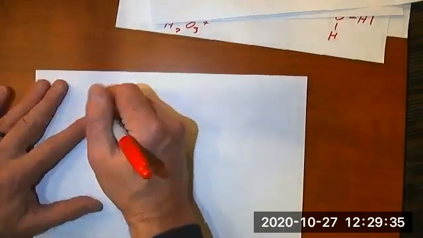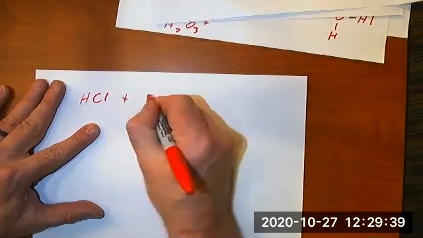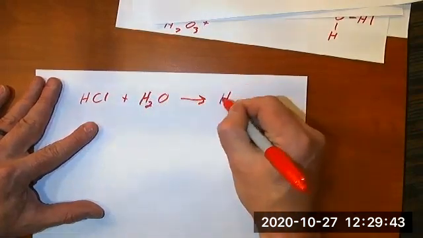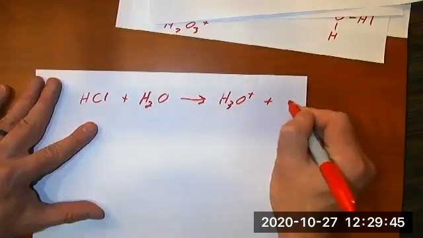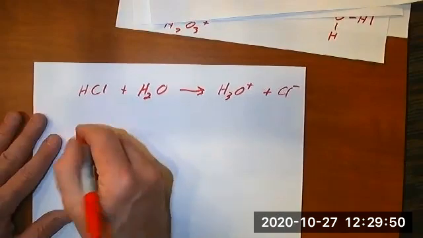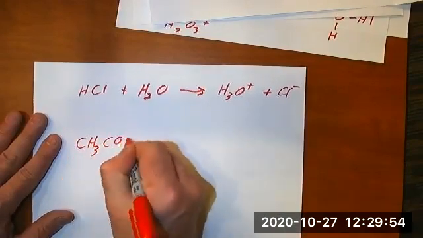So let's imagine that we have our HCl plus H2O yields H3O plus plus Cl minus. And we're going to compare that to CH3COOH.